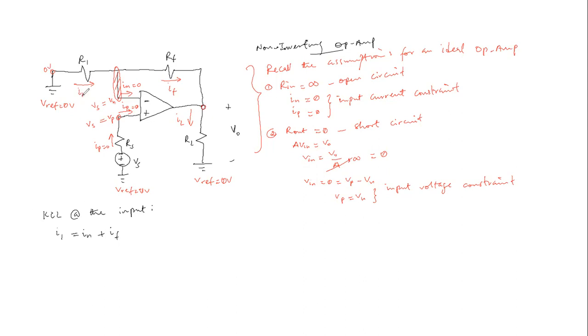By Ohm's law, I sub 1 will be 0 minus V sub N, and we already know that V sub P is the same as V sub S, and V sub P is the same as V sub N, so V sub N is therefore the same as V sub S. So 0 minus V sub S divided by R1 will be the same as I sub N, which is equal to 0, the input current constraint, plus I sub F, which is V sub S, the same as V sub N, minus V naught divided by R. Perfect.